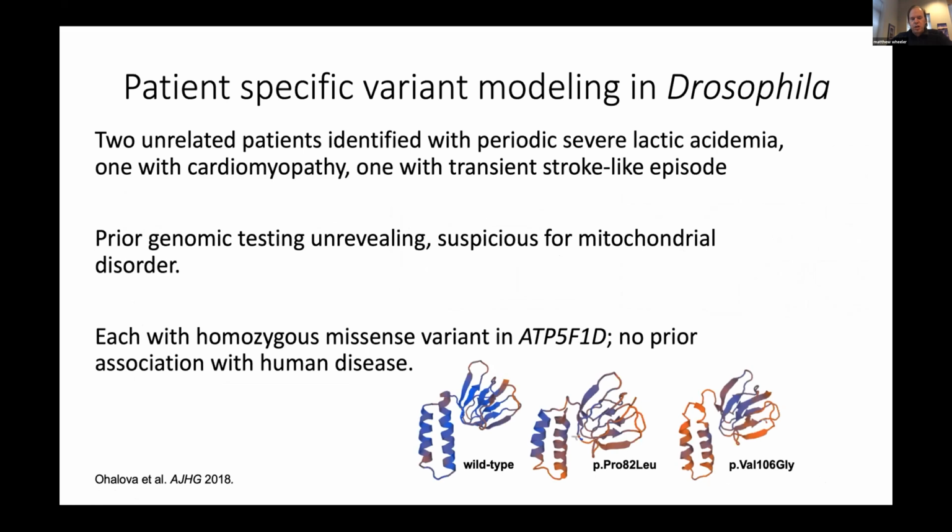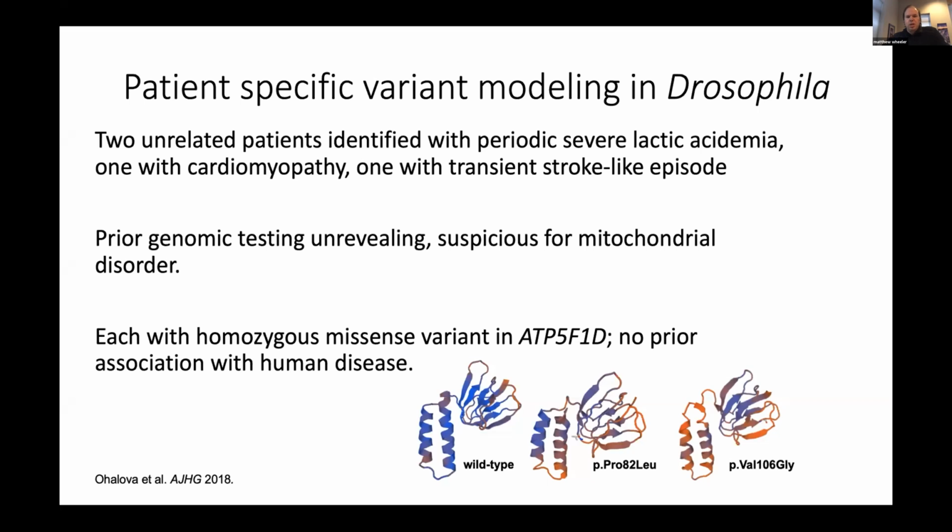Recently, in the last few years, we and others have been a part of the Undiagnosed Diseases Network, which has a model organism screening core as an important component. We were involved in a case where we had two unrelated patients who had a periodic severe lactic acidemia.